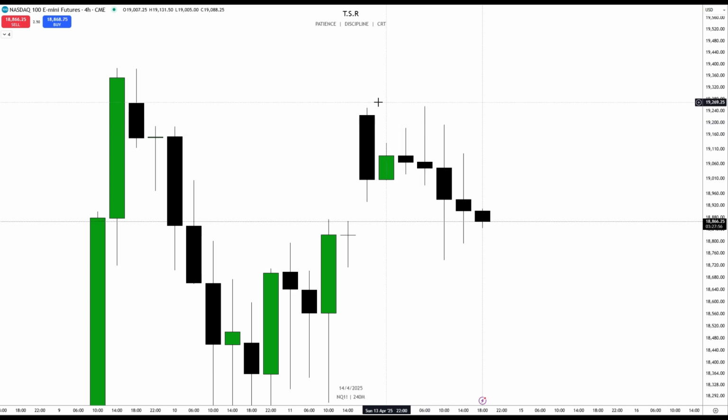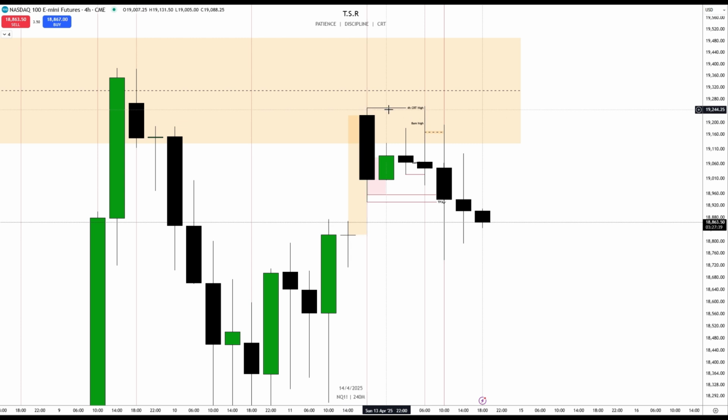At the end of the 18 o'clock 4-hour candle, when it closed, I drew the high and the low of this specific candle. We have those highs and we have the low. TP2 was the low, final TP.